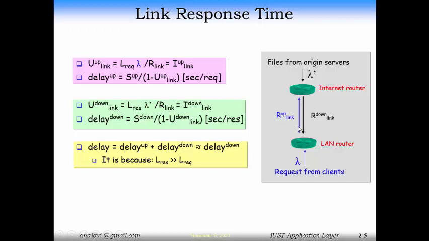This link has an upload rate and a specific download rate. So we have two different rates, the upload rate and the download rate. So I can write those equations in the past slides in this way for upload and for download.